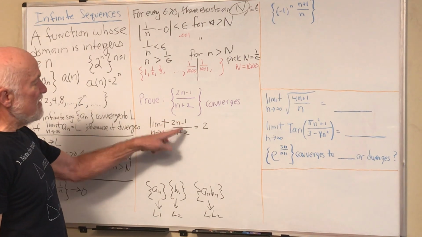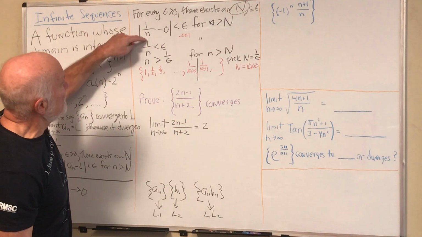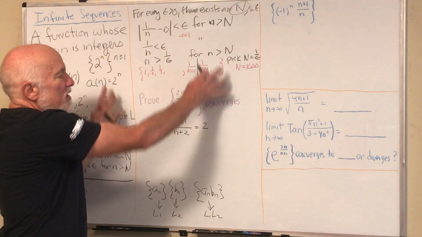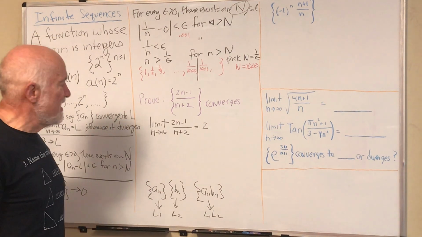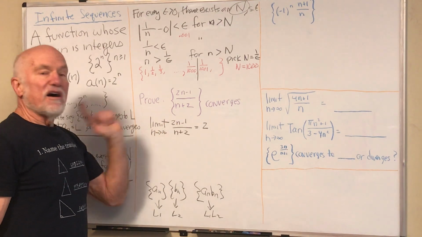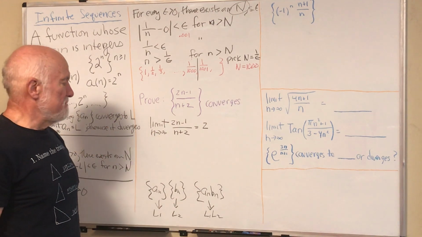That was easier than putting this expression in place of 1 over n and putting a 2 right here and going through all that algebra. So thank you to the math gods for allowing us to find the limits of infinite sequences in a much easier way.